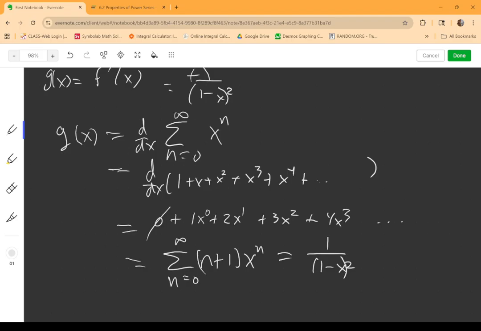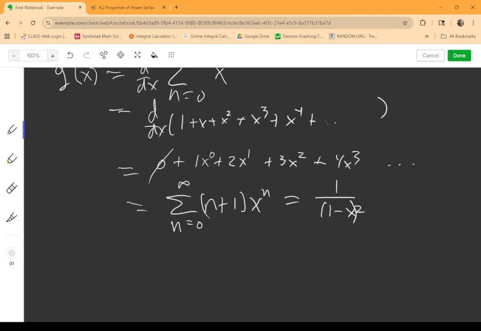Now, knowing the power series allows us to find the sum of certain series, as long as I can identify what function it is representing. So for example, let's say I wanted to find the sum of this series.